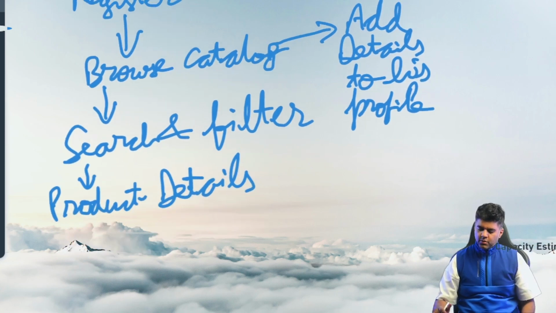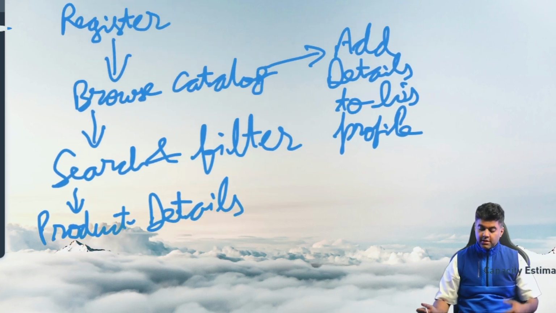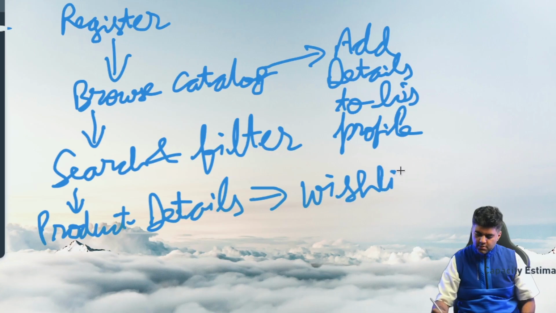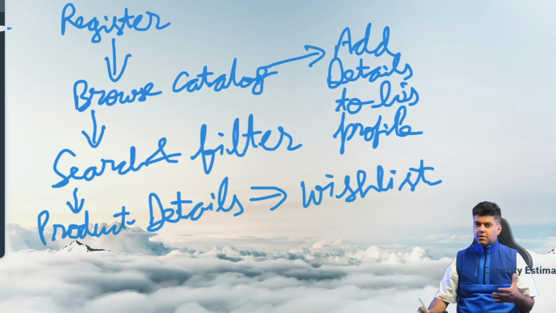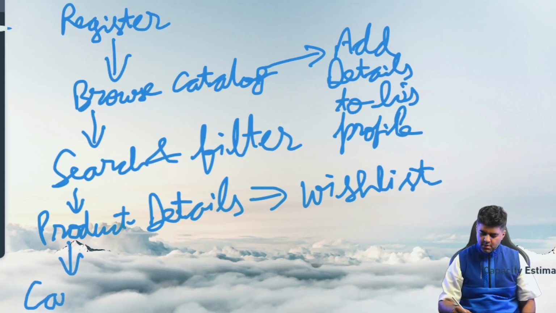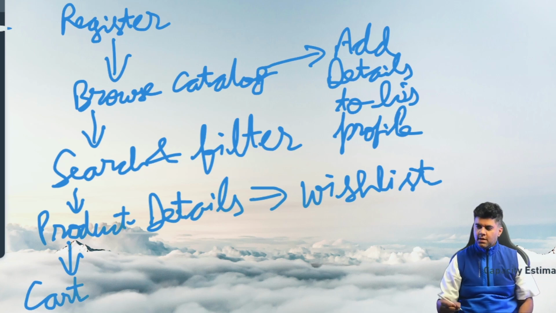After he looks at the product details, there's one thing that he can do that we have not considered yet. He can add the product to a wish list. We had not thought of this before. Only when you're going through the user's journey and what all the user does can you think of such details. The next thing you can do is add the product to cart, and this we had obviously thought about earlier. We had also thought about checkout.